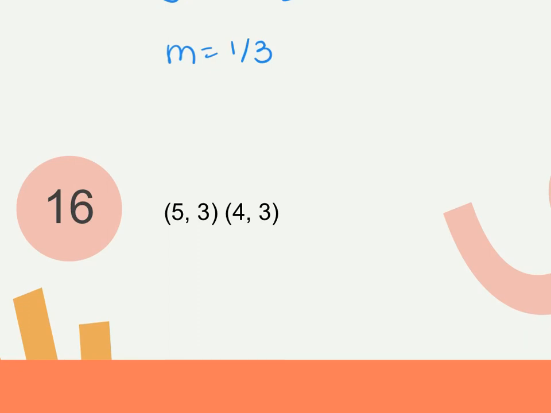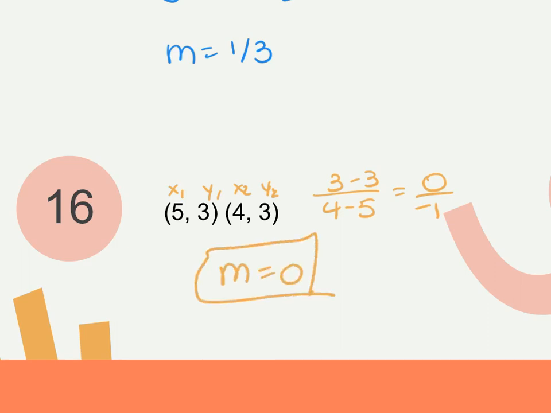Okay, now look at 16. We're back to the points. So I would get x1, y1, x2, y2: 3 minus 3 over 4 minus 5, 0 over negative 1. And what's 0 divided by negative 1? 0. So if the 0 is in the top, it's 0. If it's in the bottom, it's undefined.